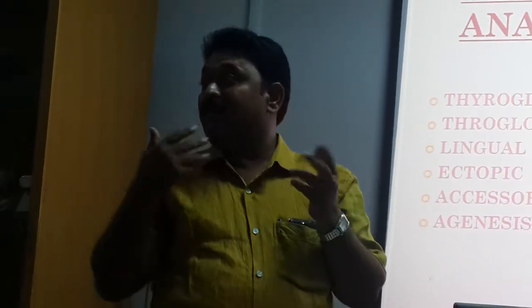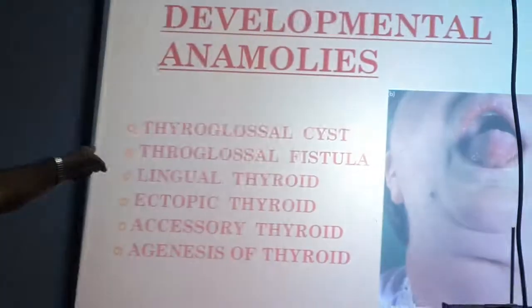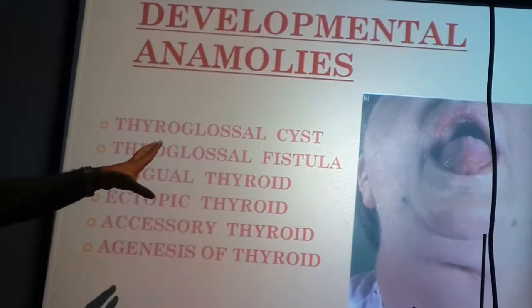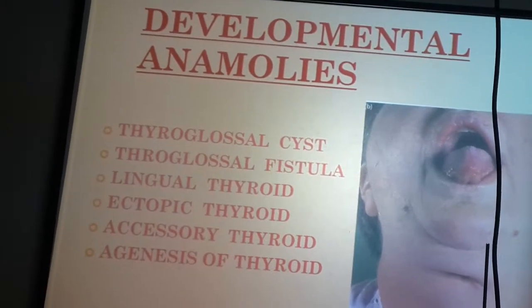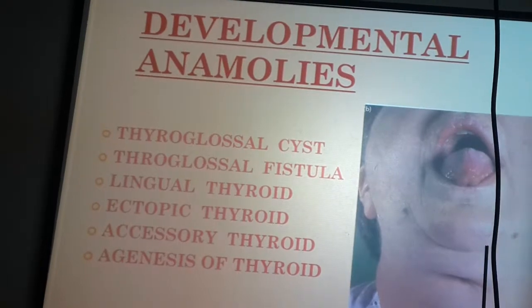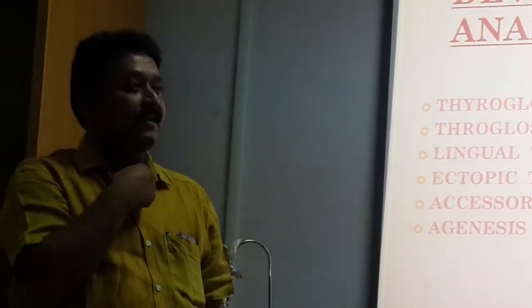From the beginning of the development of the tongue, there is the foramen cecum, from where it comes down. If it persists, that leads to a thyroglossal fistula, an opening. Normally, it disappears and afterwards reaches the neck region as the thyroid gland.